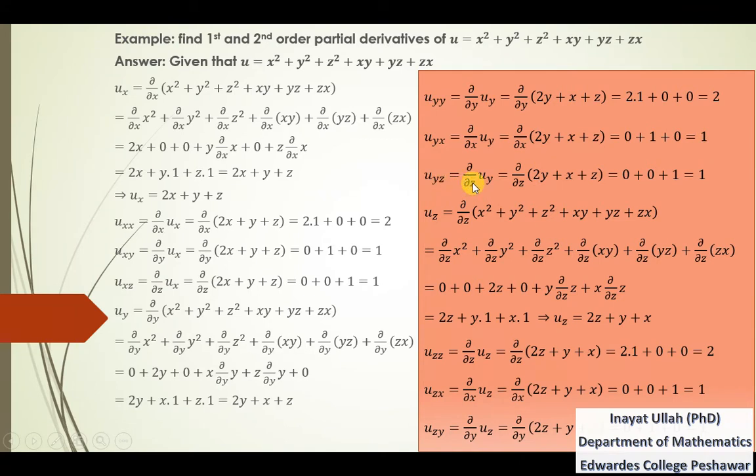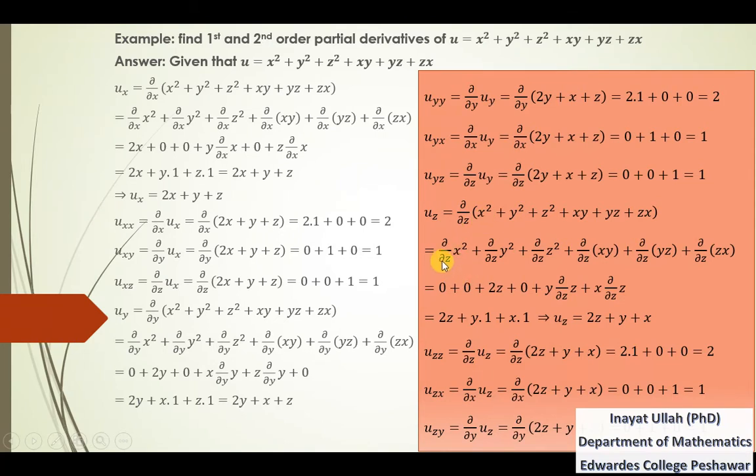Similarly, the partial derivative of uy with respect to z is del by del z of uy, and with respect to z it is 0 plus 0 plus 1, so that is 1. Similarly, with respect to z, the partial derivative of u is given by the sum rule, so multiplying del del z inside.